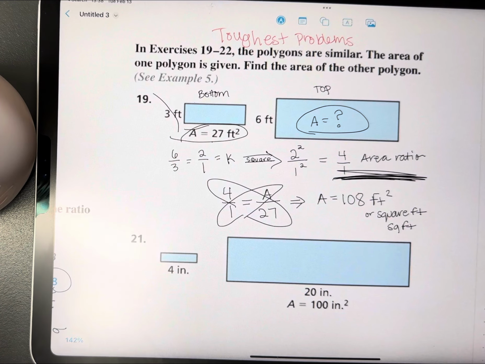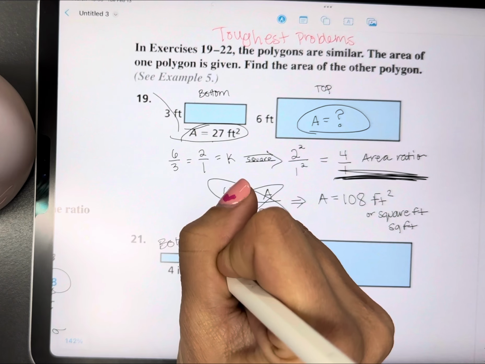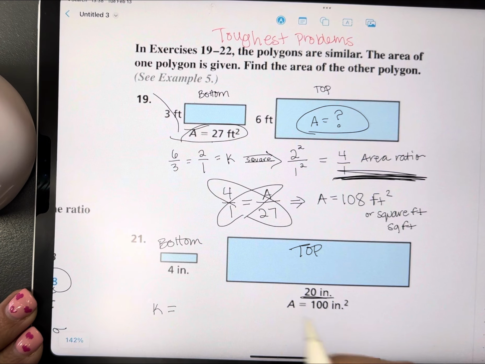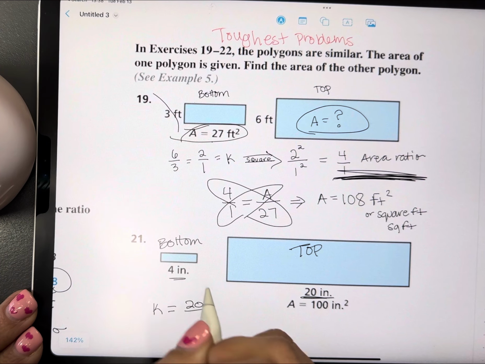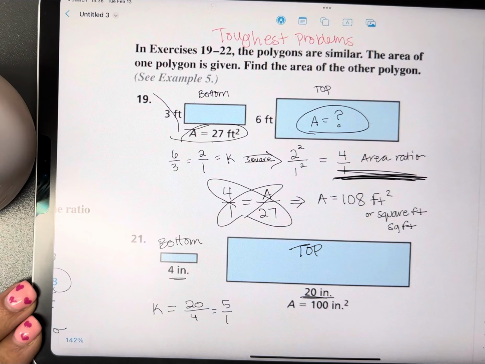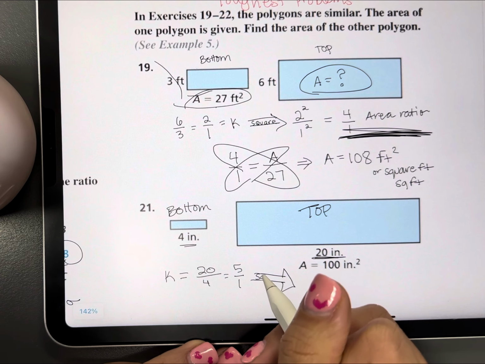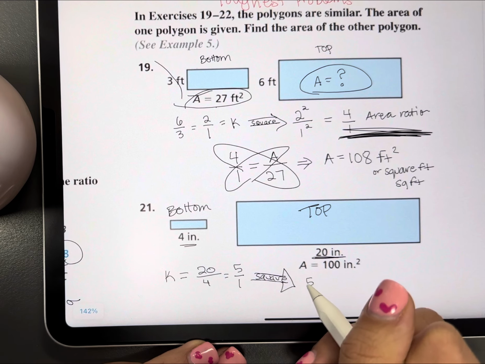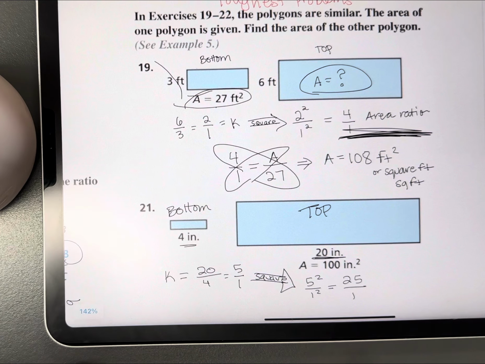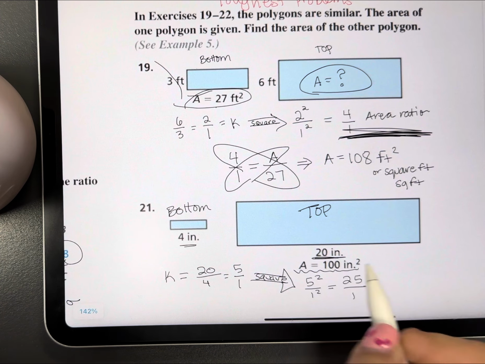Okay, let's do it again. This will be my top. This will be my bottom. First, I'll find scale factor by taking the 20 over the 4, reduce. Okay, now this scale factor needs to be squared. And only once it's squared can I go play around with area.